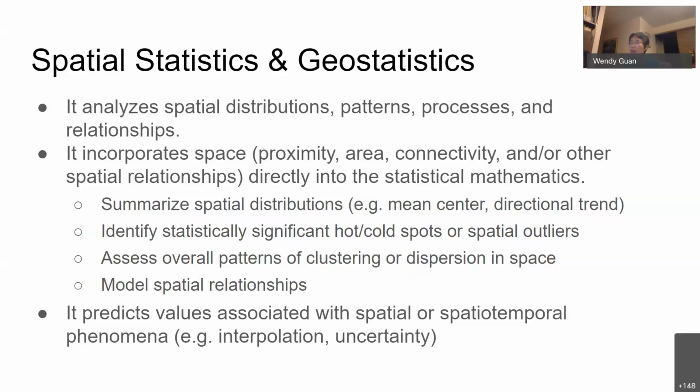You use it to identify hotspots, cold spots, based on the value contrast between your focal point and the surrounding objects. You could also see a clustering or dispersion type of distribution pattern. You can interpolate values where you didn't take measurements. So all these are very space or location centric statistical algorithms.